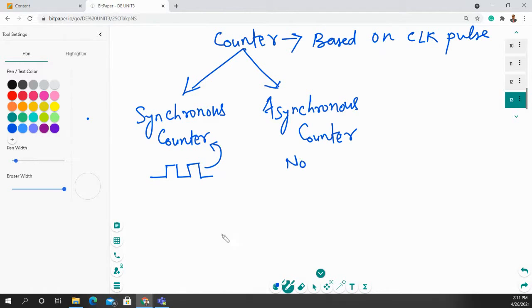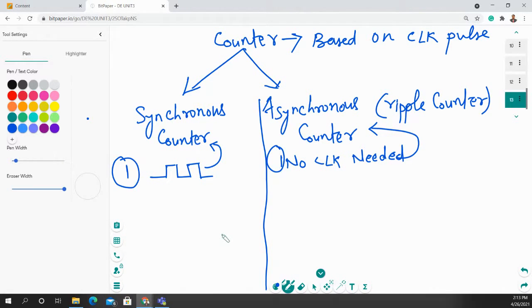If there is no clock needed, then we can call it asynchronous. This type of counter is a ripple counter. There is no need to apply the clock pulse. This is the first difference. The synchronous type counter is faster. Okay, the asynchronous one is slower.